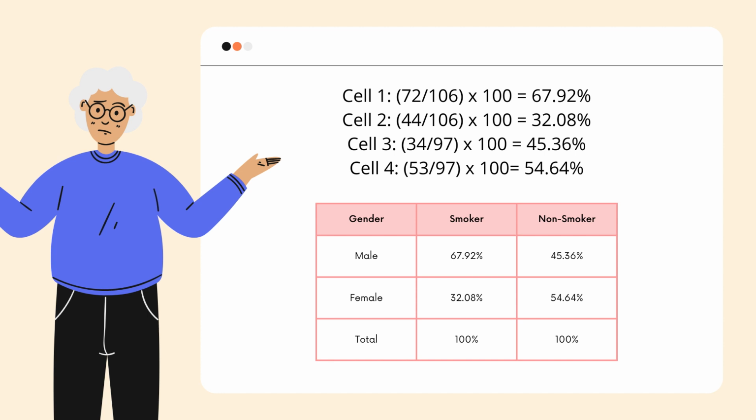We divide 44 and 53 by 97 and multiply by 100 to get 45.36% and 54.64%. Putting these values into a table, we can see that both column totals are 100% because this time we have restricted smoking status. Now, each column gives us the conditional distribution of gender for each level of smoking status.